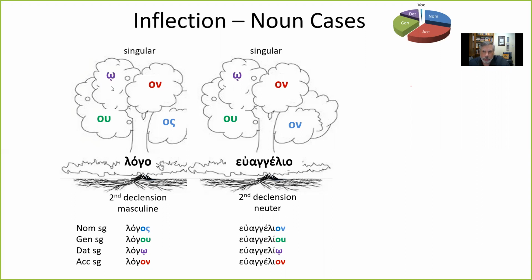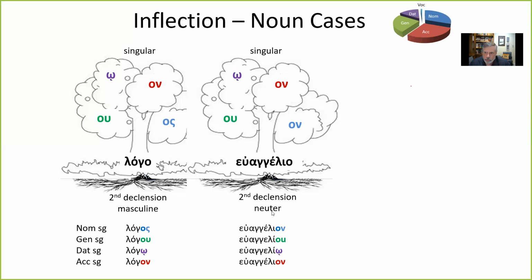In this case, the omicron is lengthened to the omega, and the iota, which is associated with the dative, is a subscript, so we don't pronounce the iota, and we get logo. This functions as the indirect object, and we would use helping words like to, with, or in typically. There are others, but those are the general helping words that get you started in your translation.